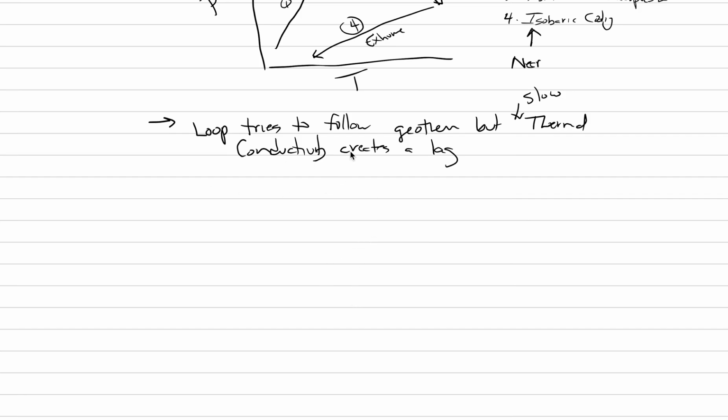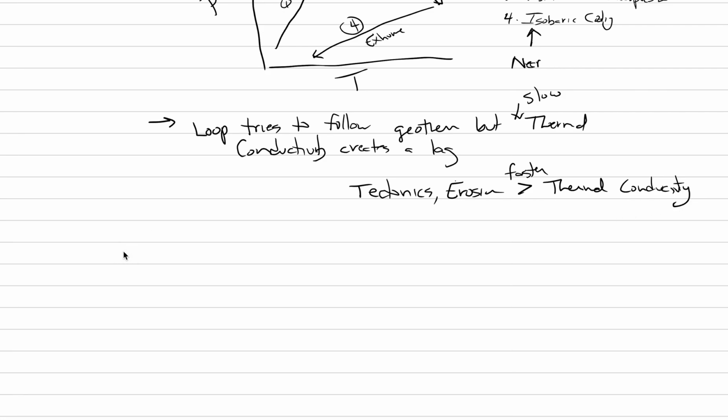Another way to say that would be that tectonics and erosion are faster than thermal conductivity. They can outpace the temperature equilibration in the rock.